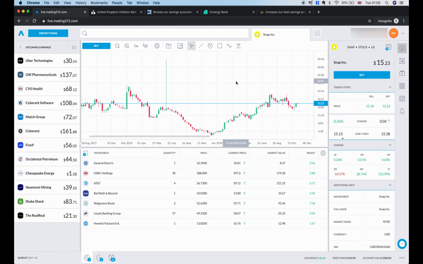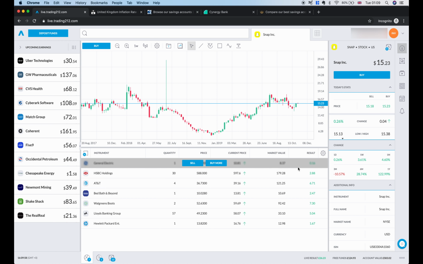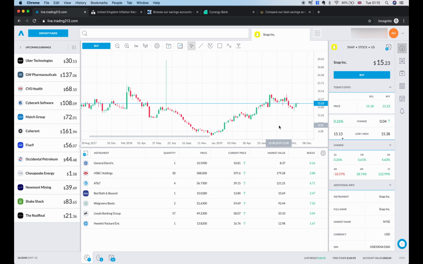And so I can tell you now from my account that although we have a low amount of money, you can see the account value here, 583, I've actually made over 6% in terms of the percentage increase.